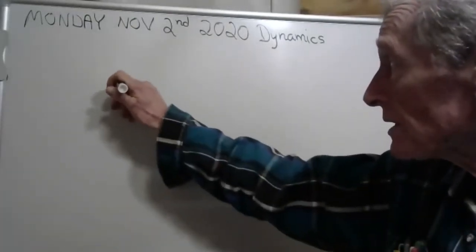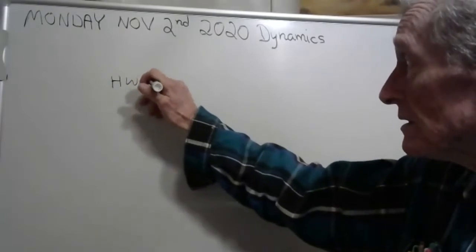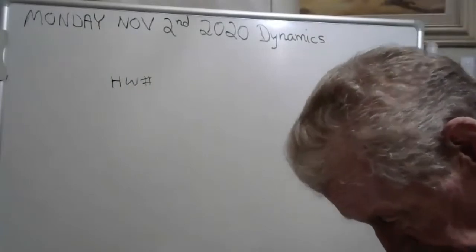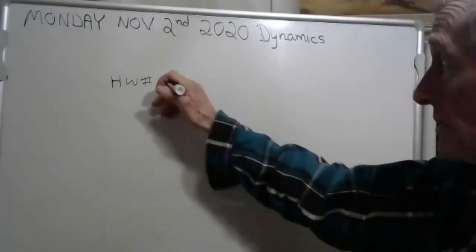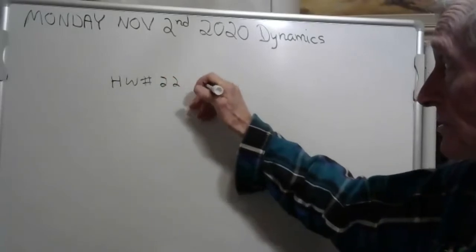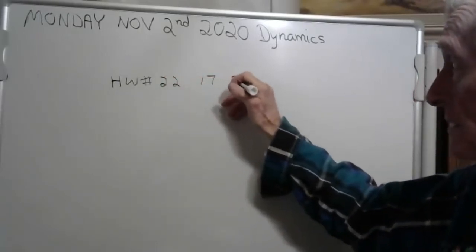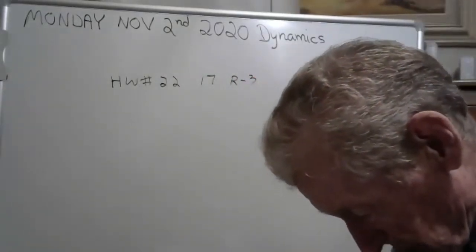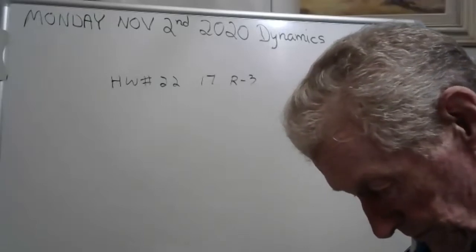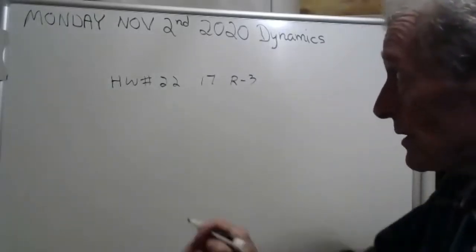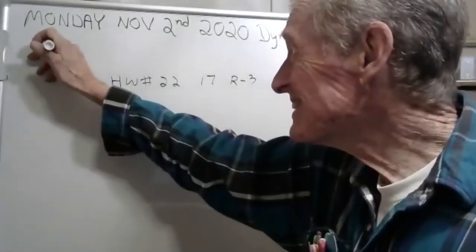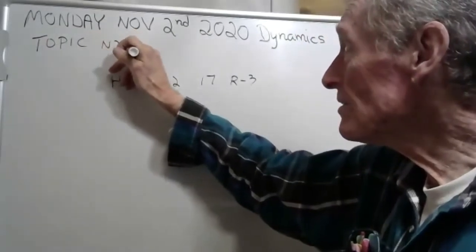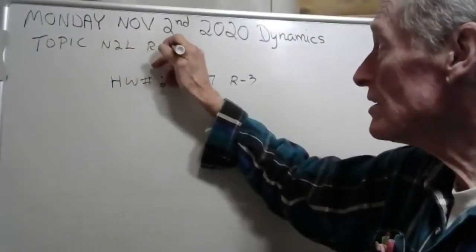The homework is homework number 22, chapter 17, review problem 3. Okay. And the topic is Newton's second law for rotation.